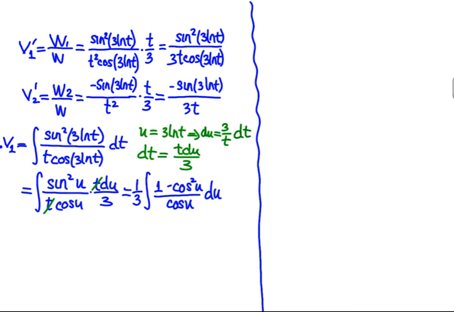Integral of that, it's not that bad. We just say 1 over 3 still. 1 over cosine is secant, and cosine square over cosine is just cosine of u.